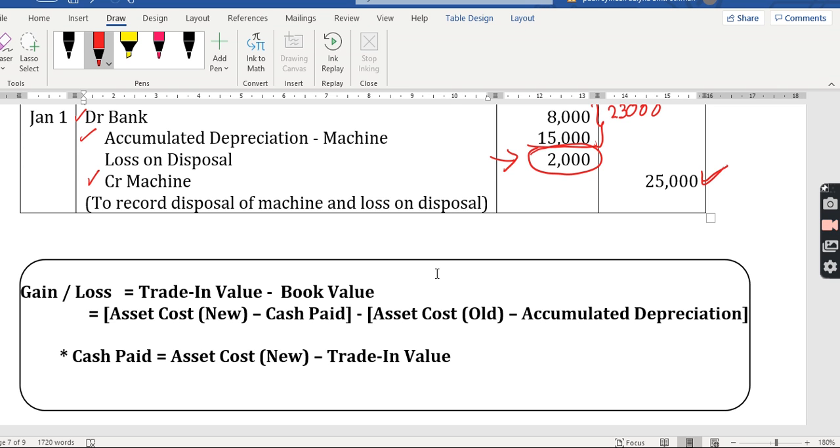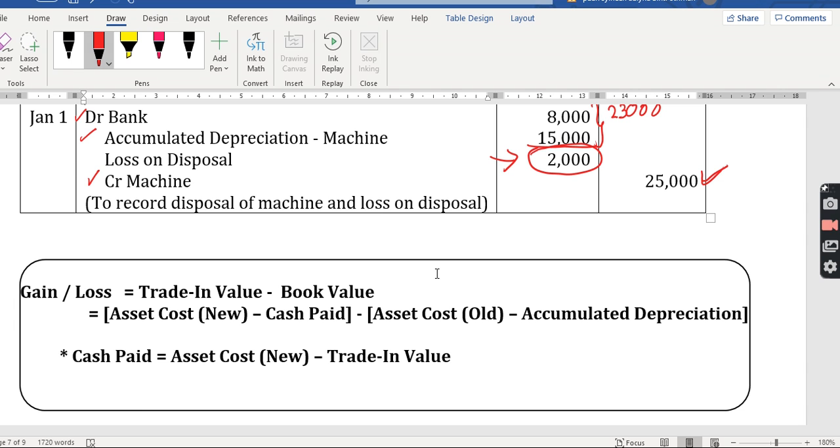Awak kena ingat, the trade-in value is actually not in cash, bukan dalam bentuk tunai. Tapi trade-in value ialah nilai yang pembeli aset kita ambil, dan nilai itu akan digunakan untuk mengurangkan harga aset baru yang anda beli.